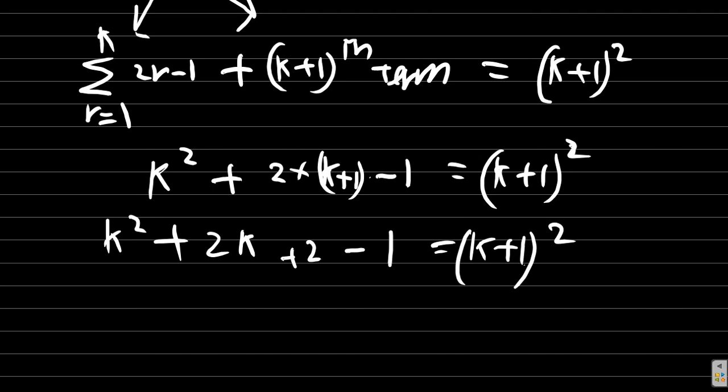But here, 2 minus 1 is 1, so I can write this as plus 1. Alright. Now, you can change one side to make it look like the other side. You could factorize this to make it look like k plus 1 squared, or you could multiply out the brackets to make it look like k squared plus 2k plus 1.